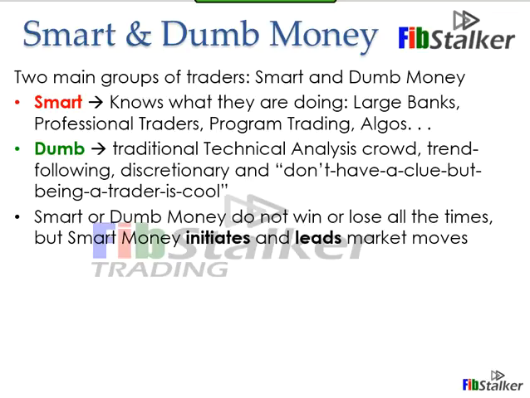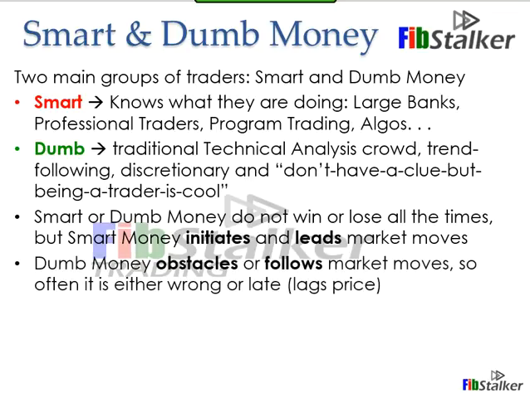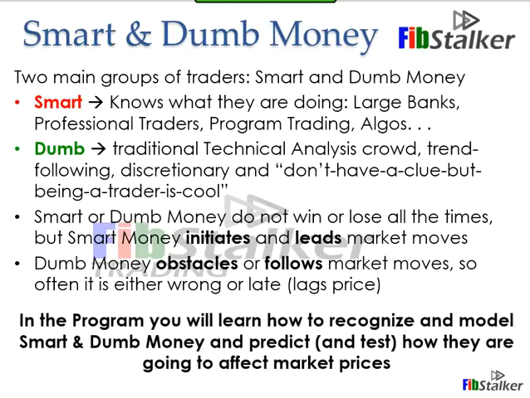It is smart money doing that, not dumb money. What dumb money does is it obstructs price or follows, so in a way it lags the decisions made by the smart money. So either it's wrong, being an obstacle, or it's late, following what smart money is actually doing.